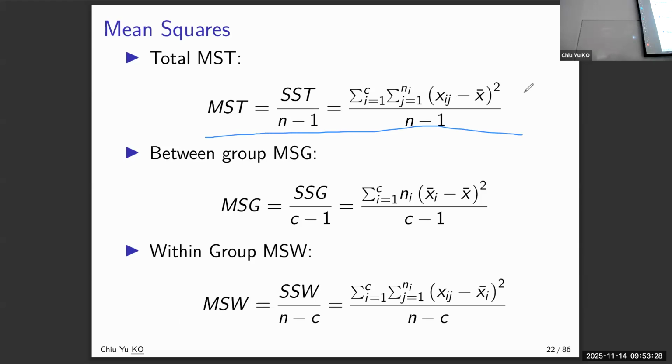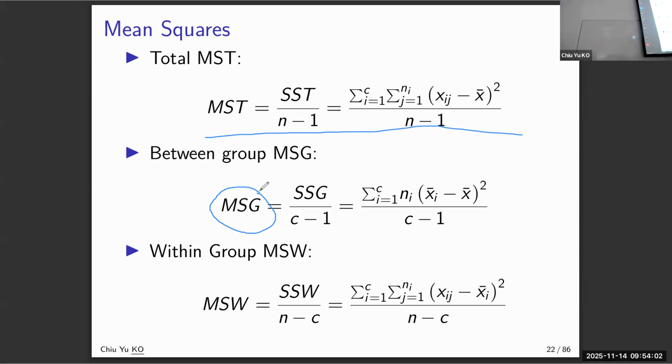Instead, we'll use these two variations for purpose. MSG, remember what it is: you shut down the difference within group, but look at across group. Basically, look at the difference between the group mean and overall mean, and look at how many means you got.